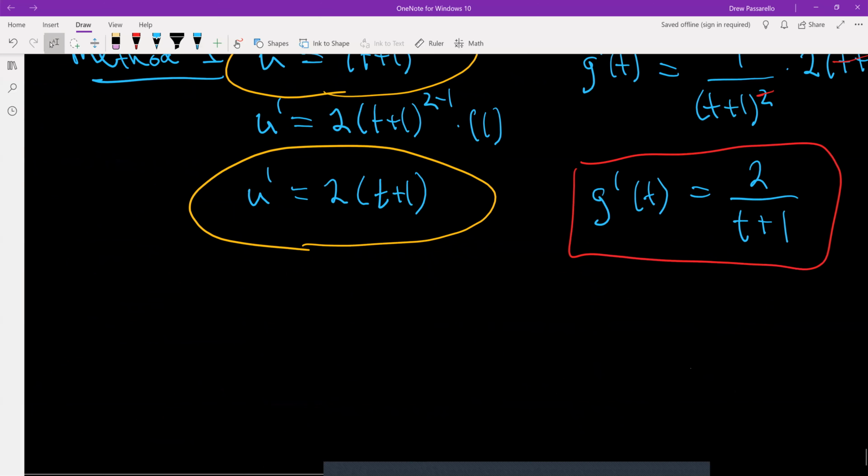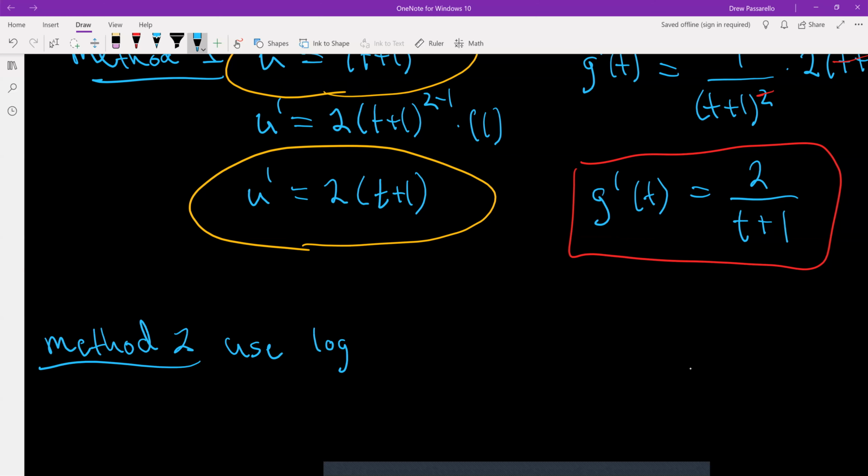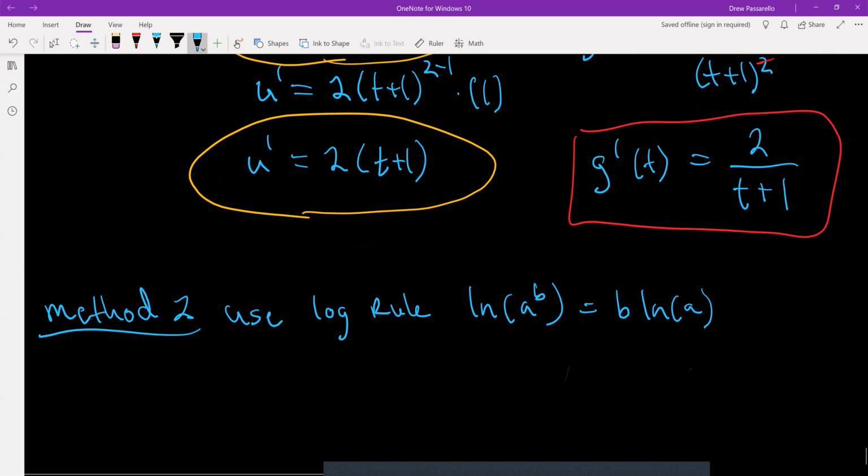Method 2 would be using the natural log rule. So you use the log rule where if you have the natural log of a to the b, that turns into b times natural log of a. So you just bring the exponent in front of the logarithm.